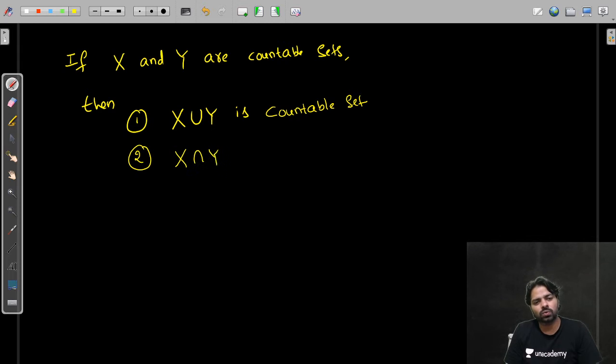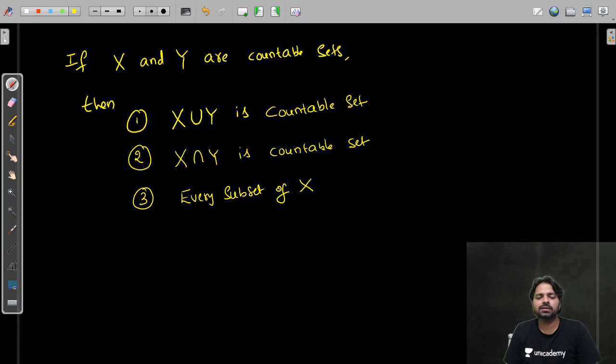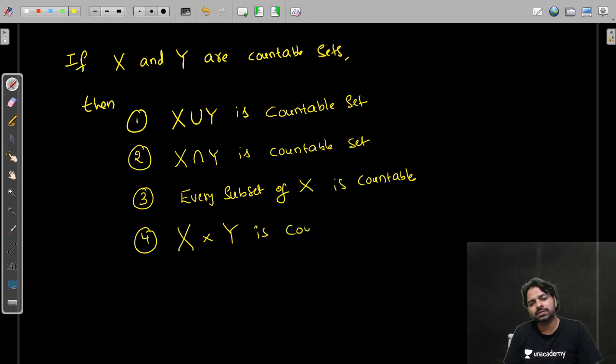X intersection y is countable. Every subset of x is countable. Similarly, every subset of y also. And even if you do the Cartesian product of x and y, it is also a countable set.